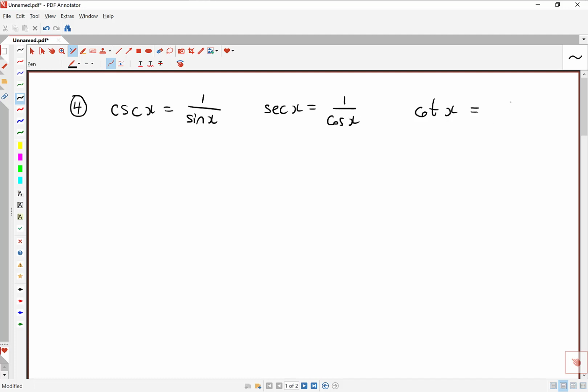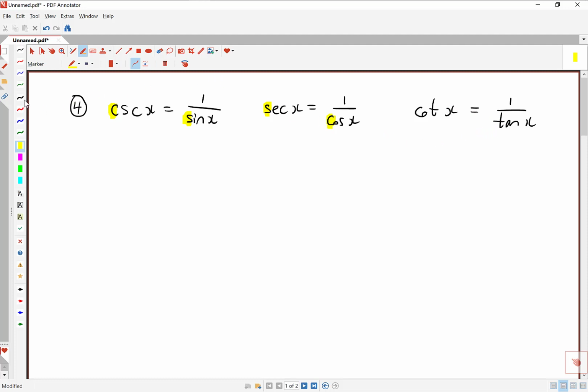And cotangent x is 1 over tan x. What some people do here, just to remember this, is they remember that the first letter switches. So if you've got cosecant, that becomes 1 over sine. If you've got secant, that becomes 1 over cos. And cotangent x is a little bit easier to remember: that's going to be 1 over tan x.